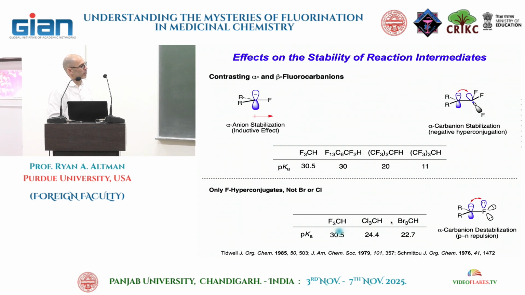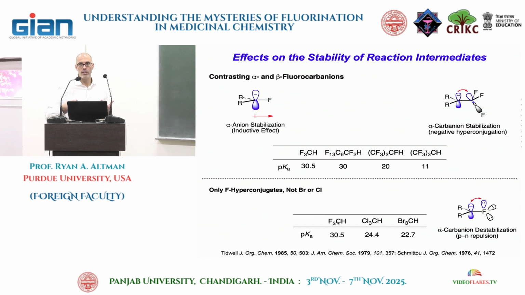pKa. Over here, the orbitals can, when we deprotonate, you would make an anion, and that anion has this repulsive interaction that's destabilizing. In contrast, when you deprotonate chloroform, you don't have this opportunity. So it would be easy to rationalize and say fluorine is a stronger electron withdrawing group.